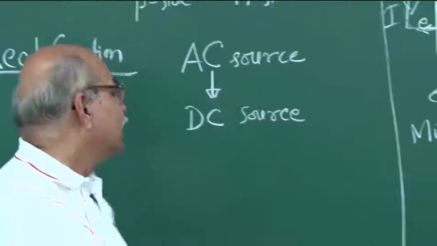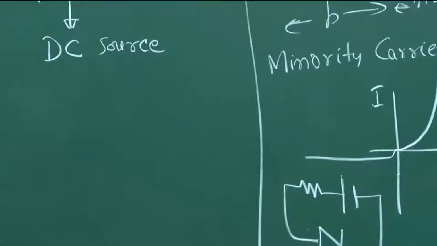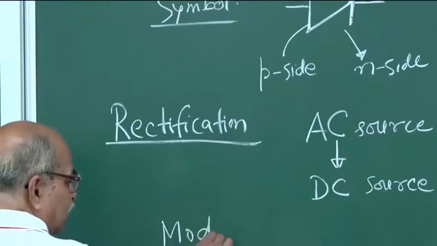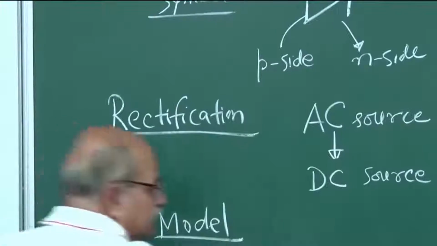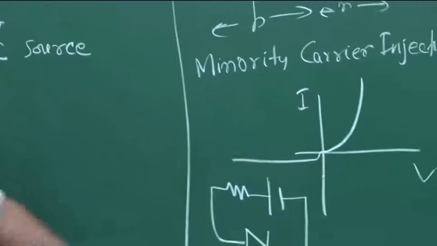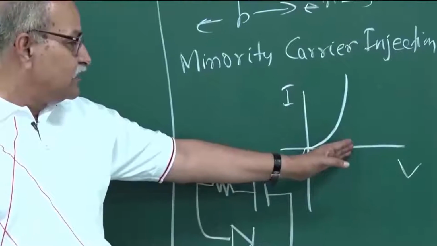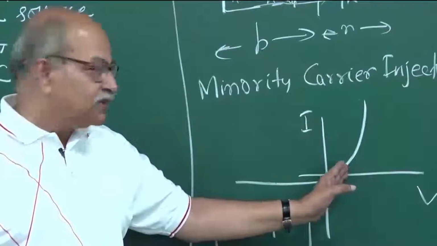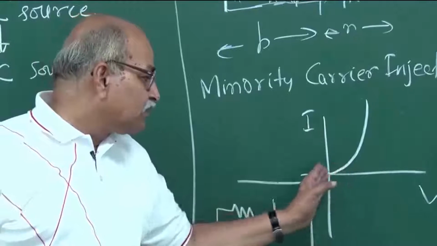So making DC voltage from AC voltage is known as rectification, and using this diode, the basic element of rectification, you can obtain it. But for that I will model this diode, this IV characteristics. In the forward biased condition, you see that you have large current, at least after a few tenths of a volt.